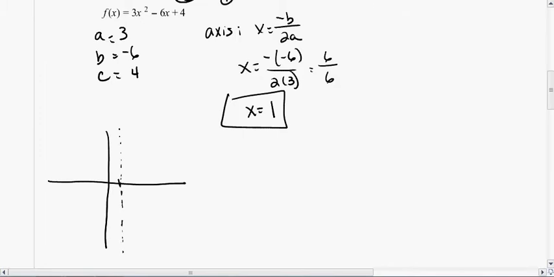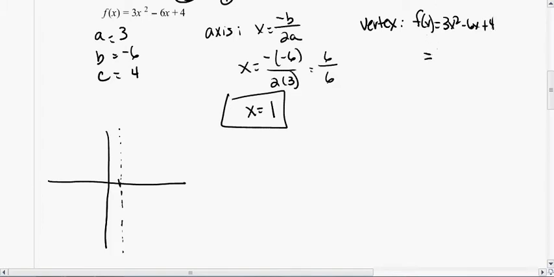Alright, let's use the axis of symmetry now to find the vertex. So to find the vertex, I take the axis of symmetry's value, 1, and plug 1 in for x and solve for y. So I need my original equation here, f of x equals 3x squared minus 6x plus 4.